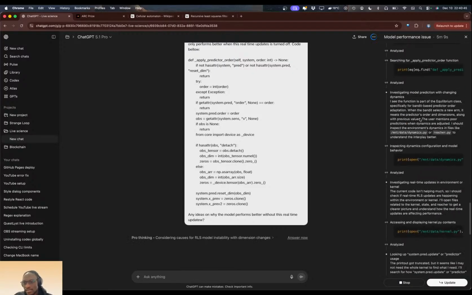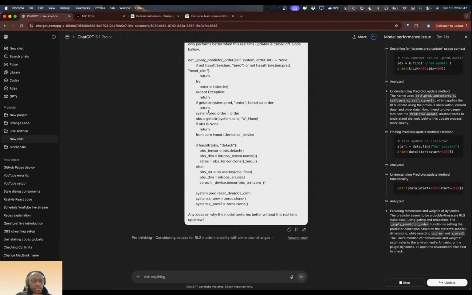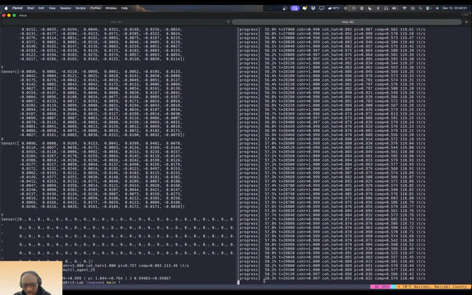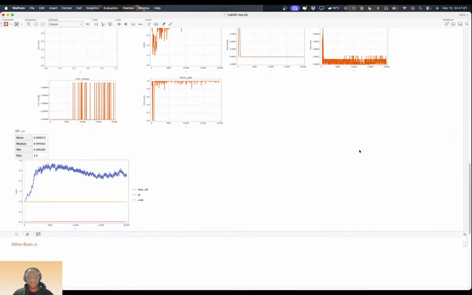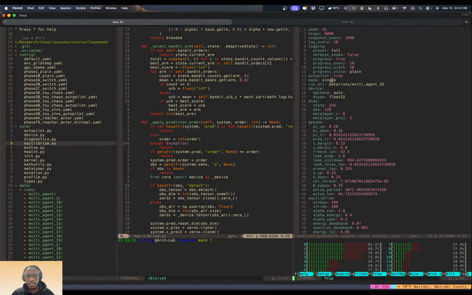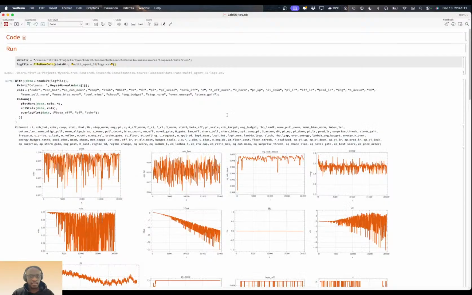Okay, so it just starts to think and explore. We are at 50%, and coherence hasn't gone to zero, still learning well, and we can do some graph plots. This is 33.